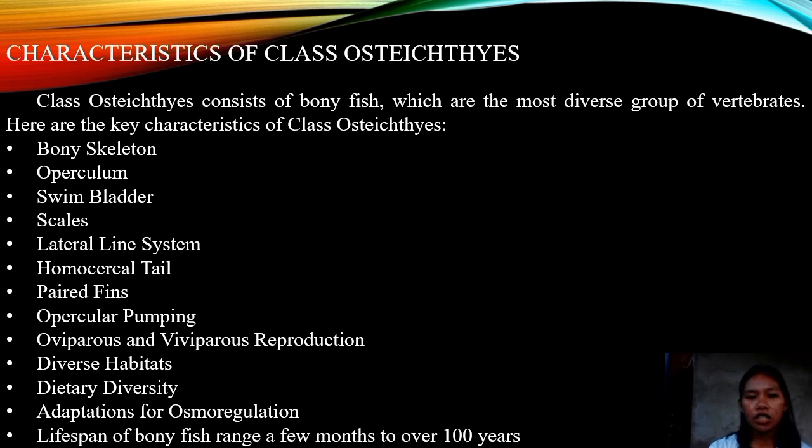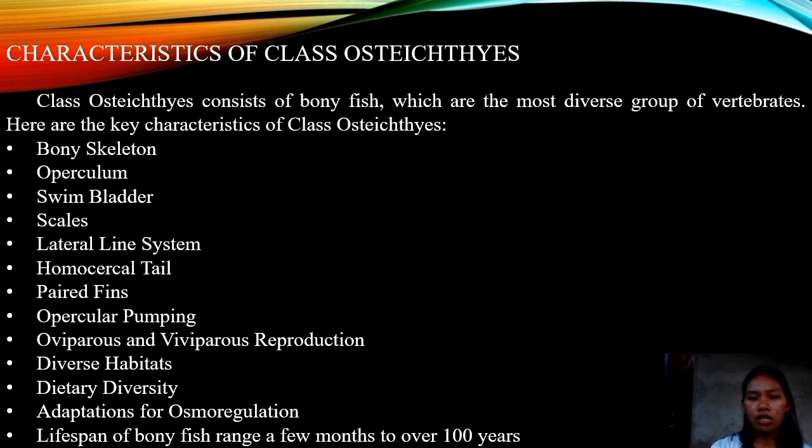Their defining features include a bony skeleton or vertebral column, a bony flap covering the gills, a swim bladder for buoyancy control, scales covering their bodies, and a lateral line system for sensing vibration in the water.